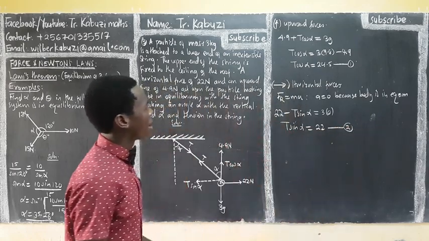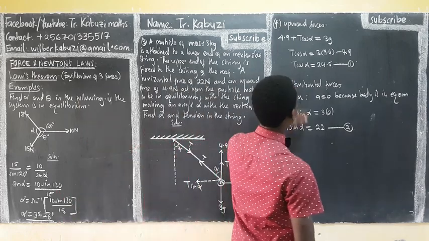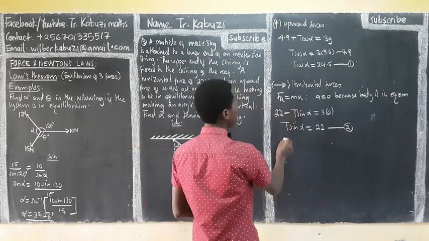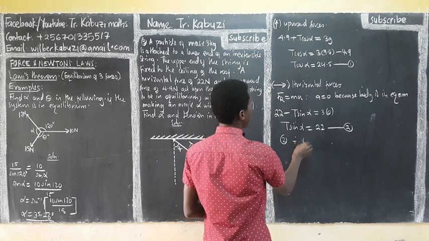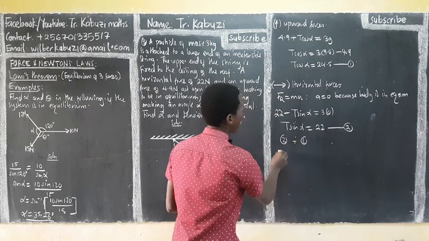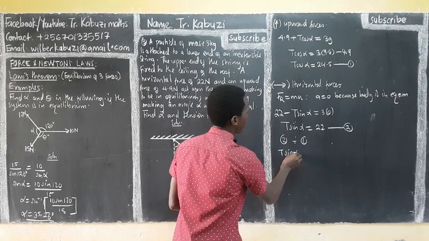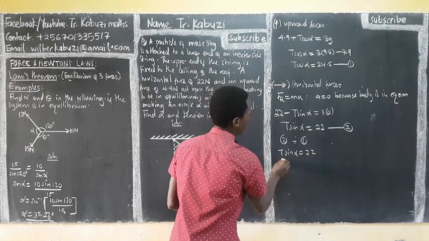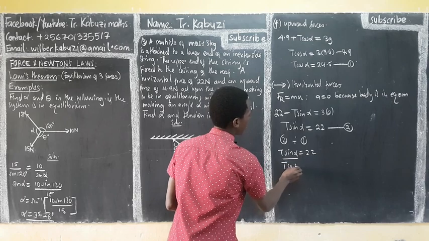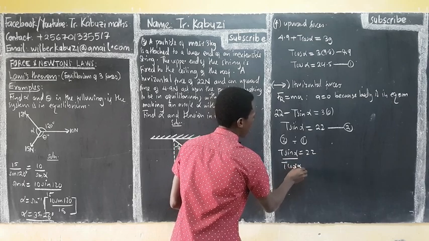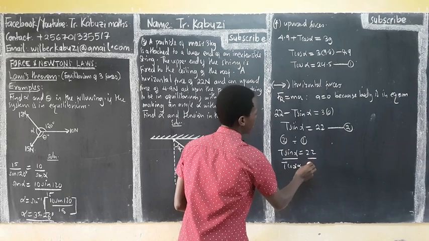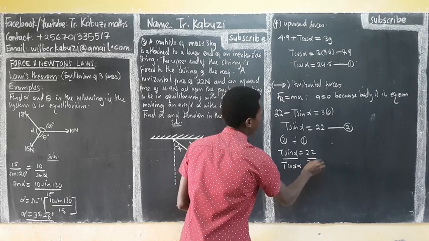Now I think you can see that you can easily solve this. If I say equation 2 divided by equation 1, I have T sine alpha equal to 22, divided by T cos alpha, equal to 24.5.